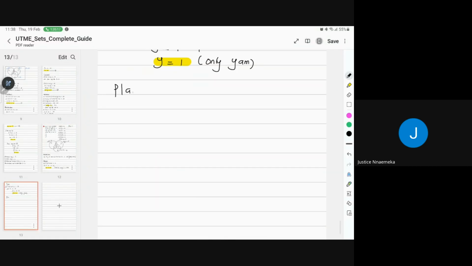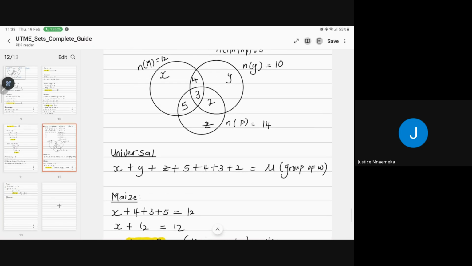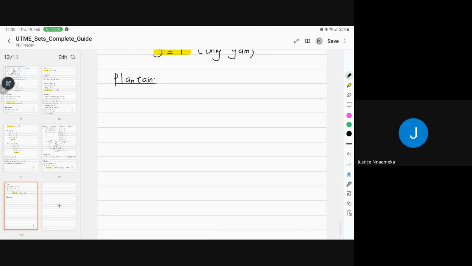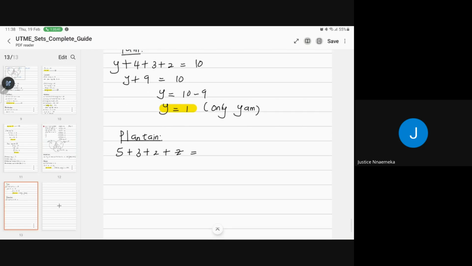So now we'll have plantain. For plantain, how many persons are on that circle? Can you mention them? 5 plus 3 plus 2 plus Z is equal to how many of them like plantain? 14. Right?